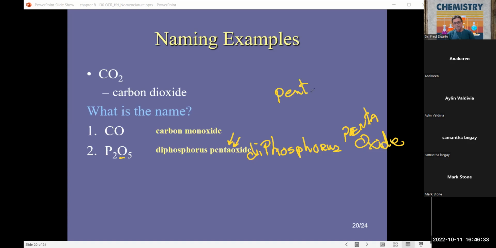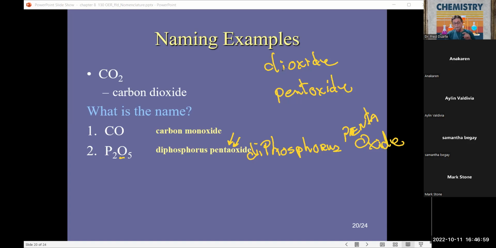So pentoxide. Now, whether you drop it or not, I'm not too concerned. Because if you look at the example of dioxide, if it's a vowel I and there's always another vowel, technically you're supposed to drop the I, right?